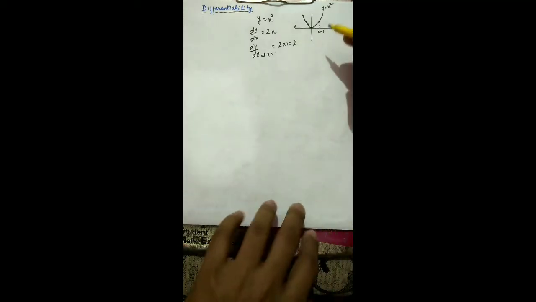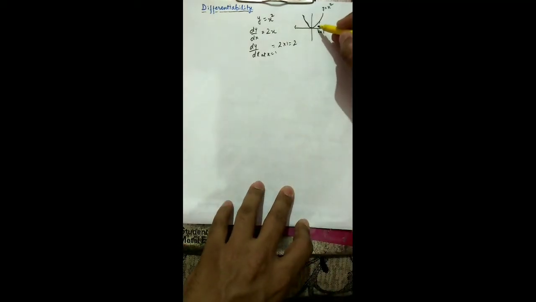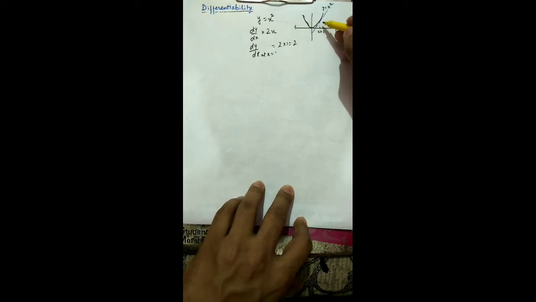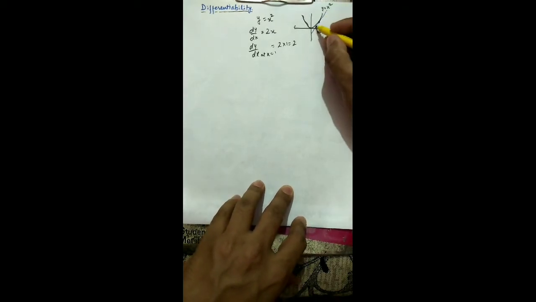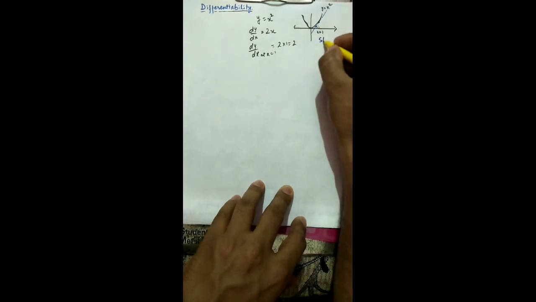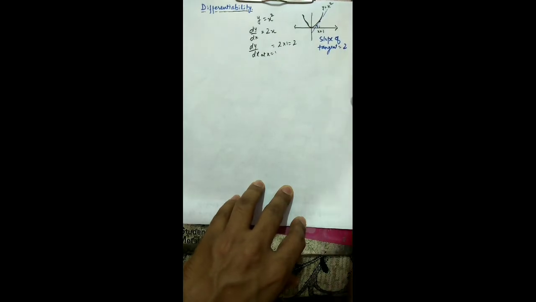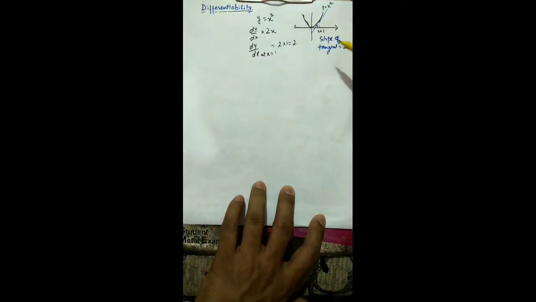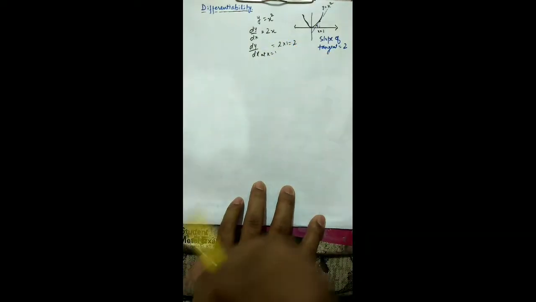If I want to draw the tangent at this point, I'm using a different color so that you can differentiate. If I draw this tangent at x equal to 1, the slope of the tangent is 2. That is what you get when you differentiate the function.